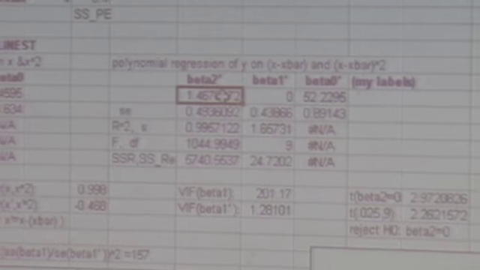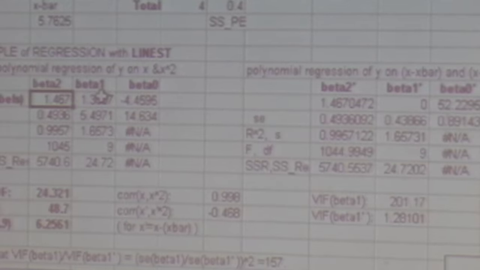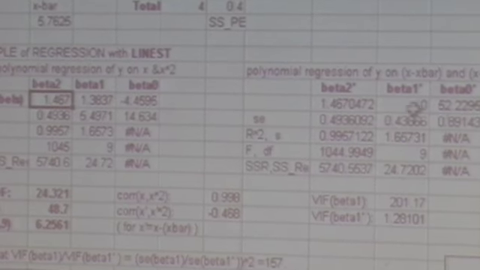Notice that beta 2 prime is equal to beta 2. These two numbers are the same as I said they would be. This beta x squared is beta x squared. The beta 1 prime is not equal to the beta 1 because there's x bars coming in, if you do x minus x bar squared and some other stuff in there.